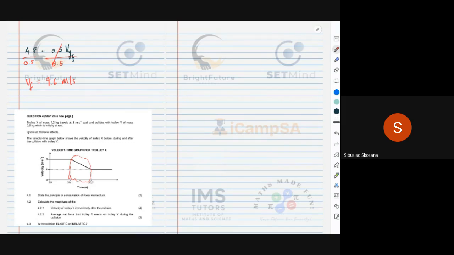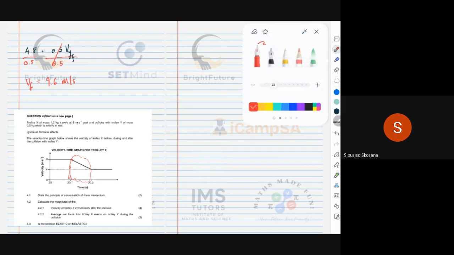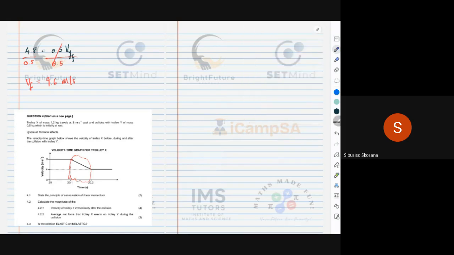So the only time we can actually get the net force when dealing with momentum, this is going to be 4.2.2, is when we have impulse, which is Fnet times the change in time, equals the change in momentum. Okay?